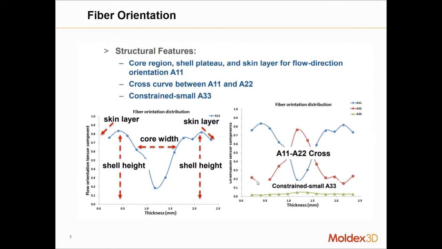Your shell region is going to be very poorly aligned, and where the fibers were being pushed along the flow path, in the transverse direction the fiber orientation is going to be quite high. We can use that to our advantage when evaluating which way we're going to be pulling this material. We can use that to determine where the high strength is going to be.